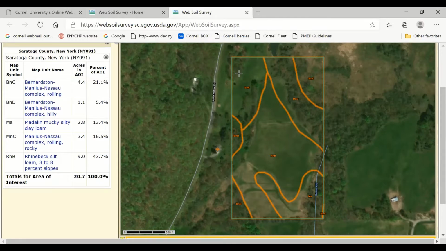But say you were putting your raspberries here, and then your blueberry planting here, and then maybe something down here. You'd have to know where this soil type changes, and then you would put this map unit symbol and also the name of it on the submission form, and that's what they use to gather the information. So hopefully that is clear.